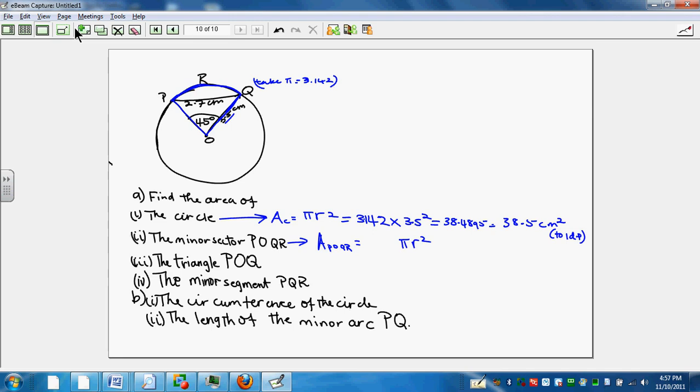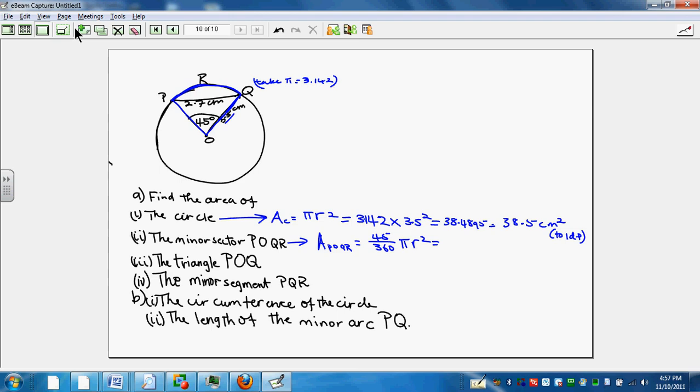But then we know it's just part of it, and the part is always found as a fraction of the whole circle. The whole circle is 360 degrees, so it will be some fraction of that. The fraction will be the angle that is inside the sector, which is 45 degrees. So all we do is put 45 over 360 and multiply by whatever the entire circle was, which is pi r squared.